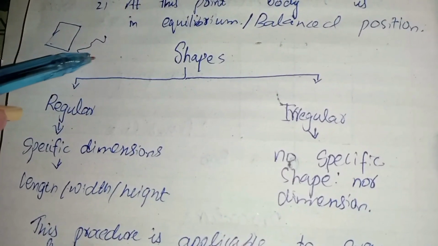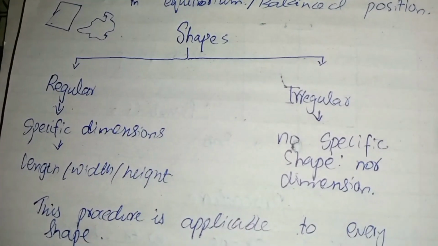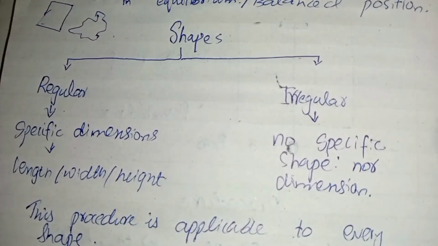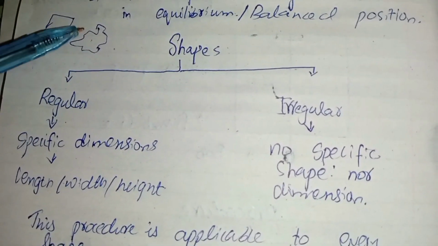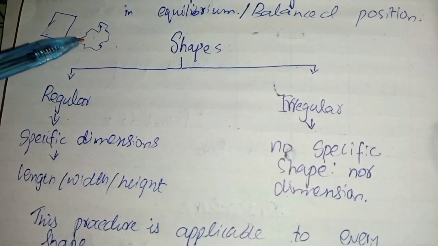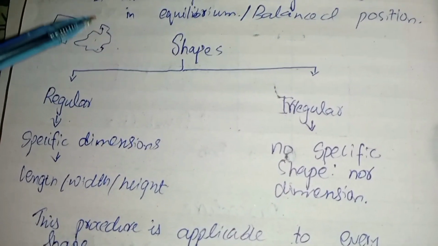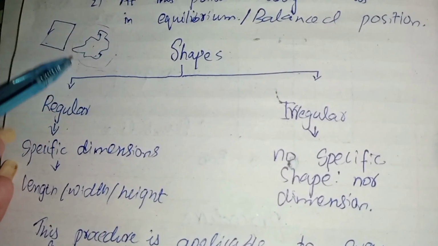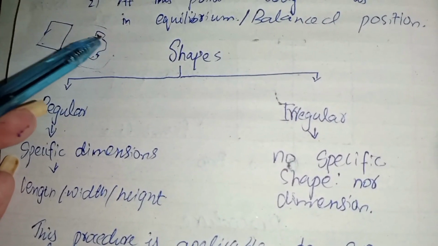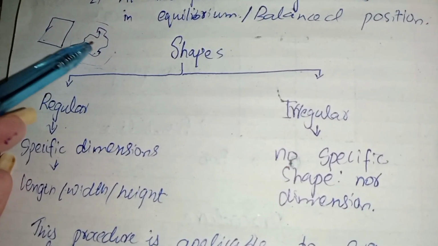For example, considering the example of the stone, this is one of the irregular shapes available in the earth. So irregular shape doesn't have any specific dimension, that is it does not even have a specific length. For example, considering the shape over here, the width of the shape at this point is different as compared to this point.